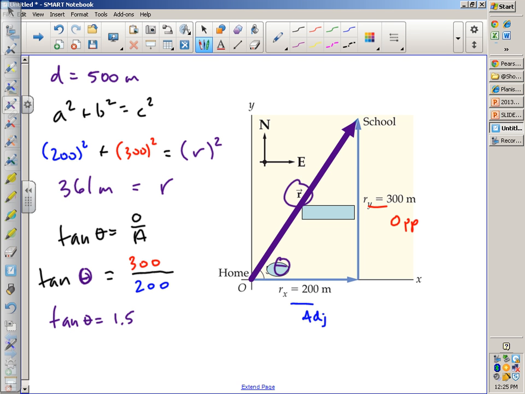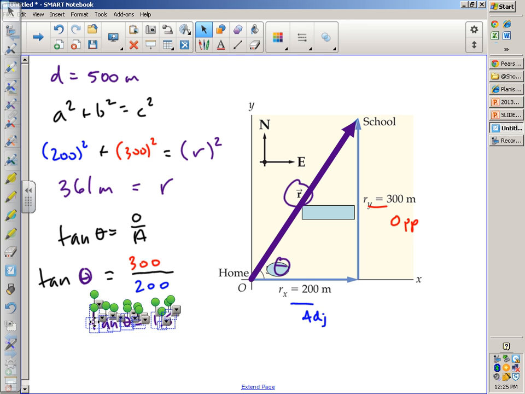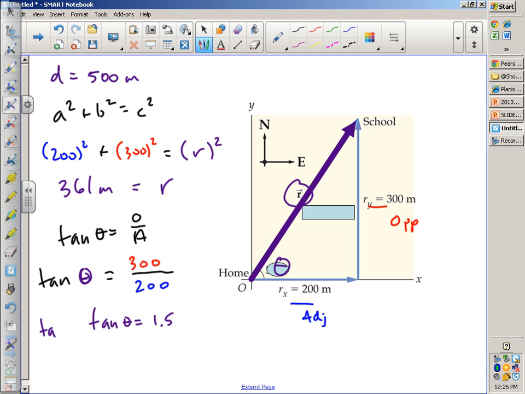right? But we don't want to know tangent theta, we want to know theta, right? So that's when we are going to take our arctangent, or the inverse tangent. If we take the inverse tangent of this, these two cancel, and we're left with just theta.